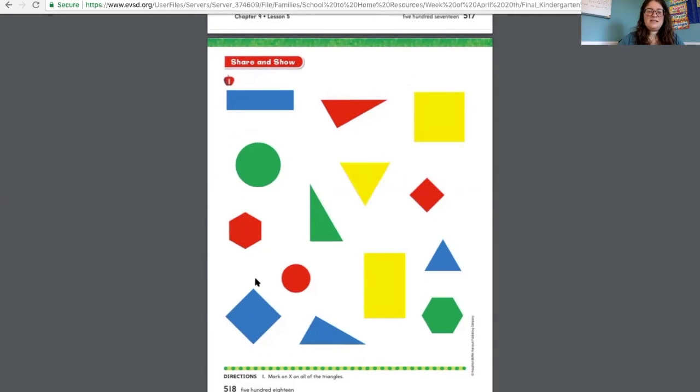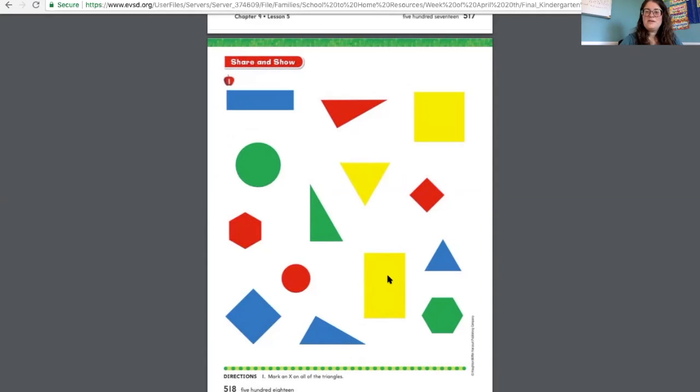So we can count and see that it also has 4 vertices and sides, which makes it a square. 1, 2, 3, 4. Now you'll notice that all of the sides are the same length, which makes it a square.